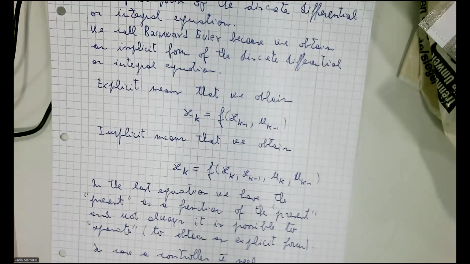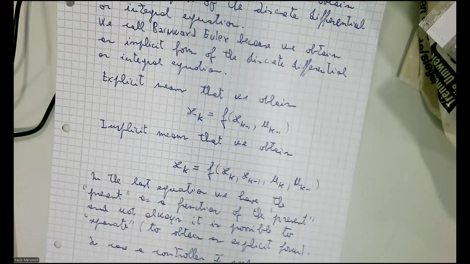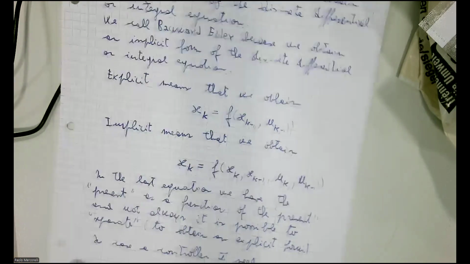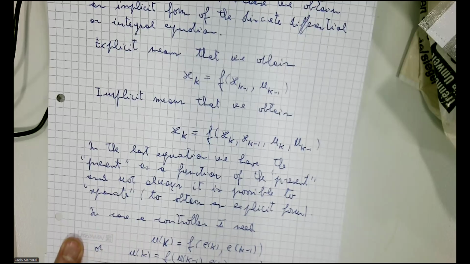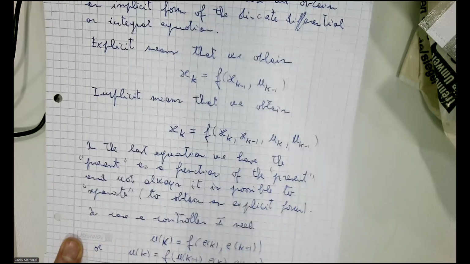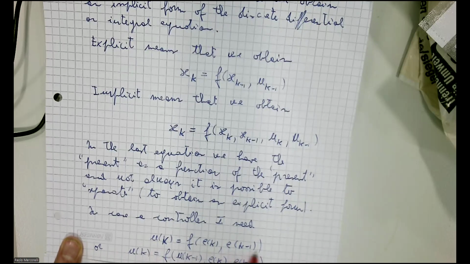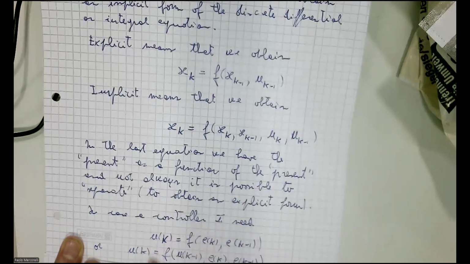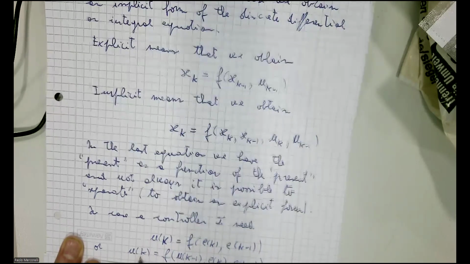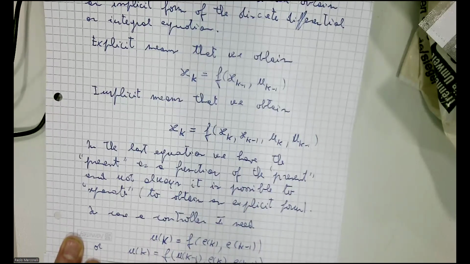Okay, let me show you. You have to go next week. The controller is basically something similar, because in any case, controller is a system, something like that. If u of k depends on u of k, I cannot realize the controller.